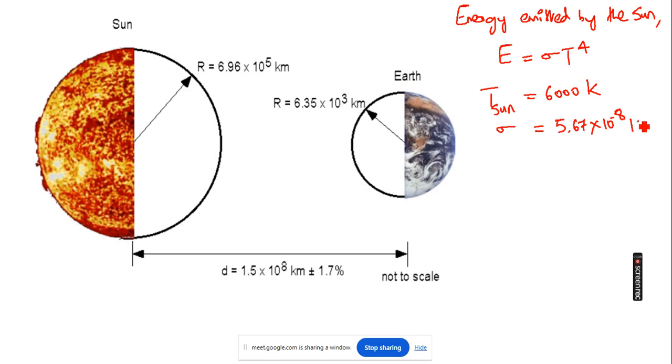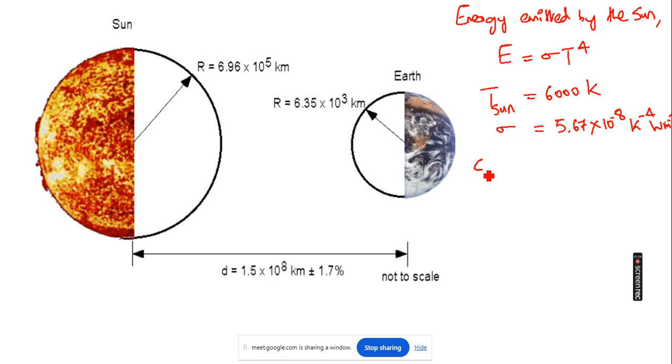Sorry, it will be watt per meter squared Kelvin raised to minus 4, or Joule Kelvin raised to minus 4 also. Both are correct if you just do the dimensions. So that is the value of sigma.